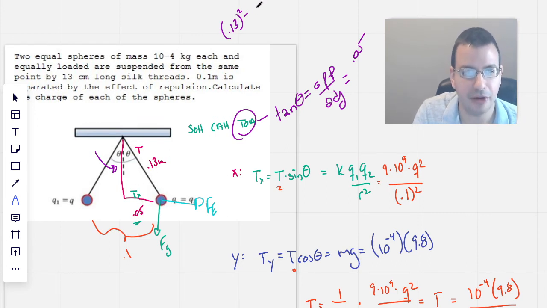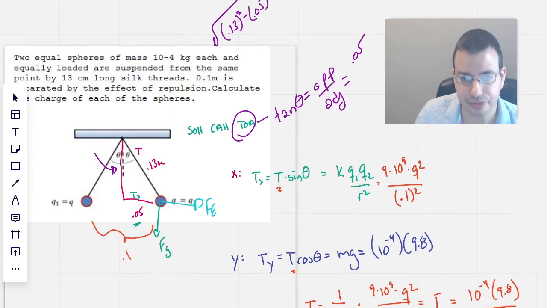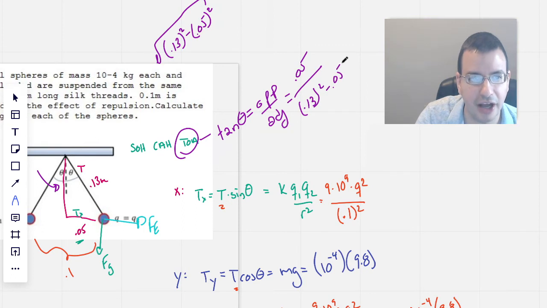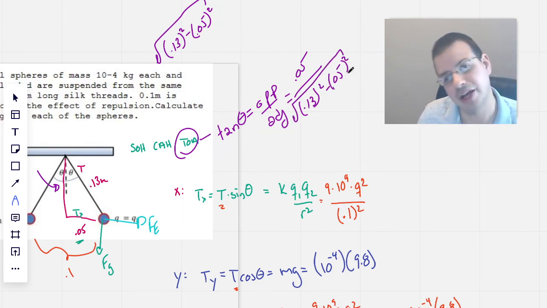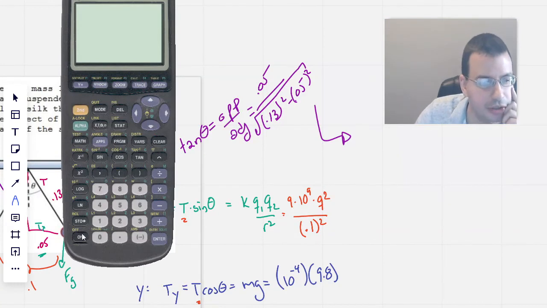So this is Pythagorean theorem. I know, kind of a funny angle. Grab the calculator.